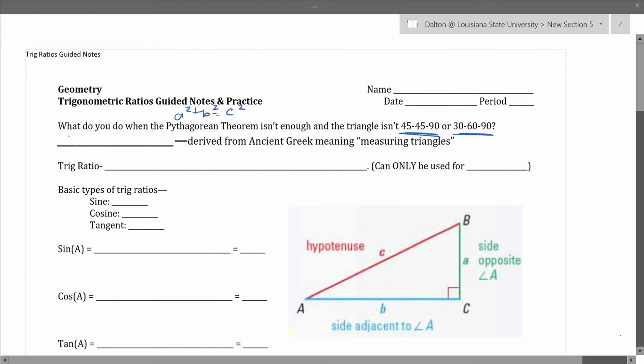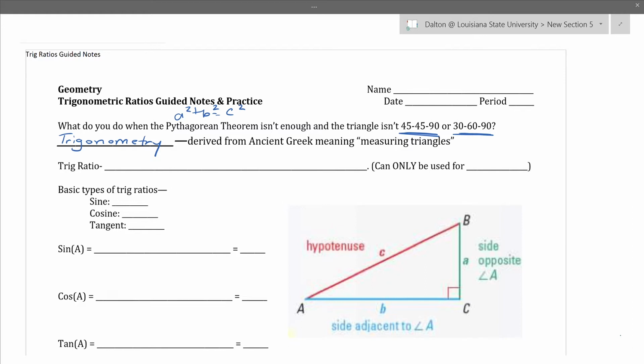The word trigonometry is derived from the ancient Greek, meaning literally measuring triangles. Now, the word ratio, we've talked about this before in chapters past. If I asked you for an example of a ratio, you might say 1 to 2 or 3 to 7. We compare boys to girls, and we compare wins to losses.